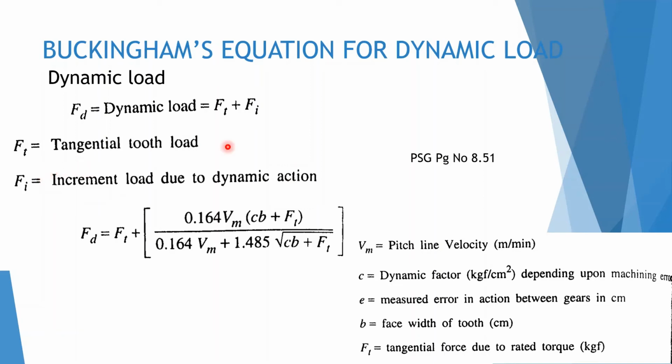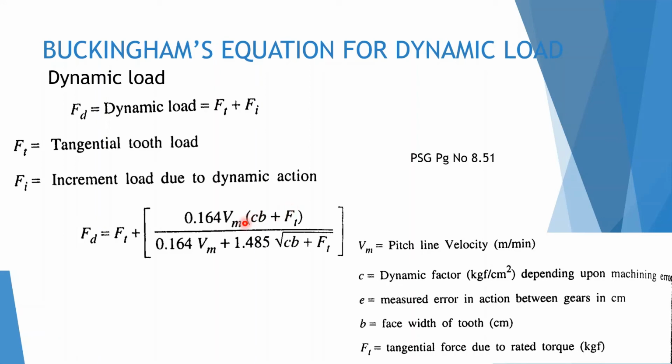acting in addition to that tangential tooth load, and that value can be calculated by using this equation: Fi = 0.164 Vm (Cb + Ft) / (0.164 Vm + 1.485 √(Cb + Ft)).